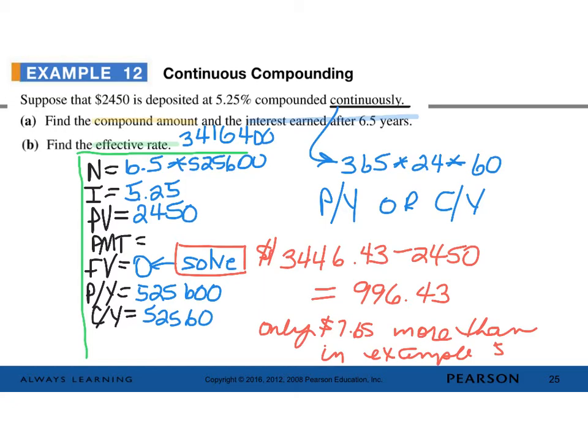And then in order to find your effective rate, we will go to the EFF menu, and enter the stated interest rate, which is 5.25, and then the 525,600 compoundings per year.